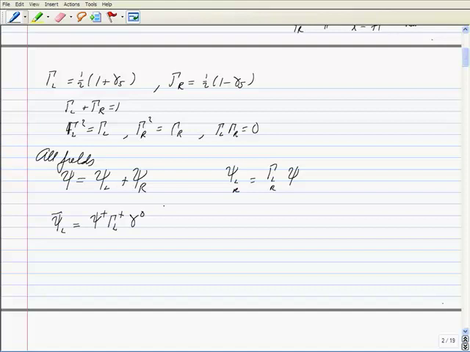When we take psi bar, there's a gamma 0 there. Gamma left dagger is just gamma left, just because gamma 5 is Hermitian.